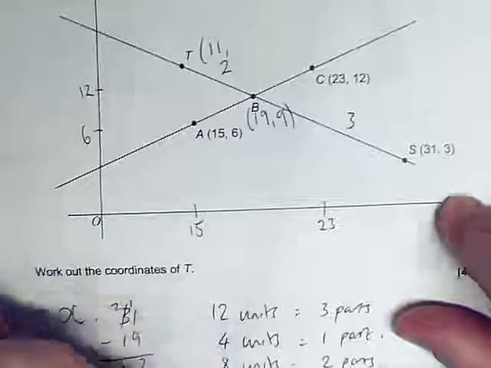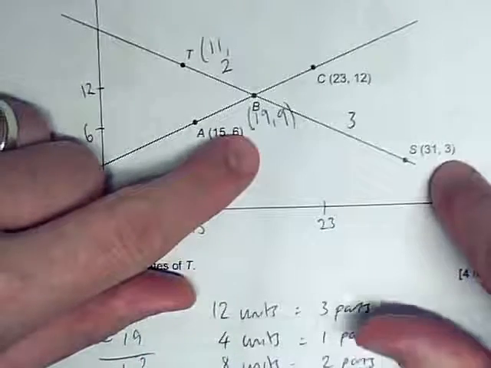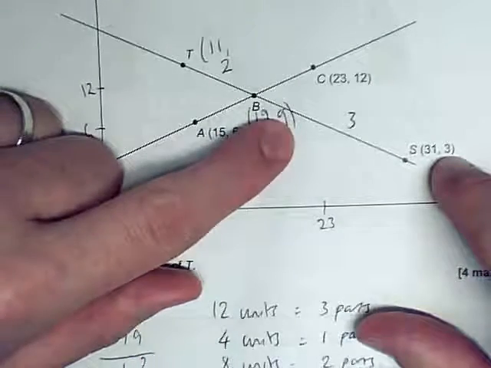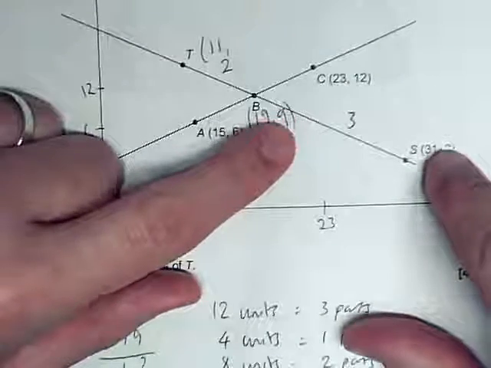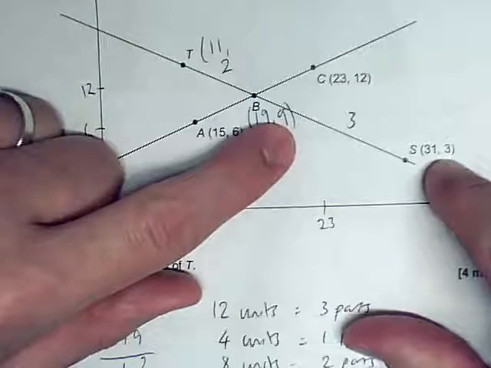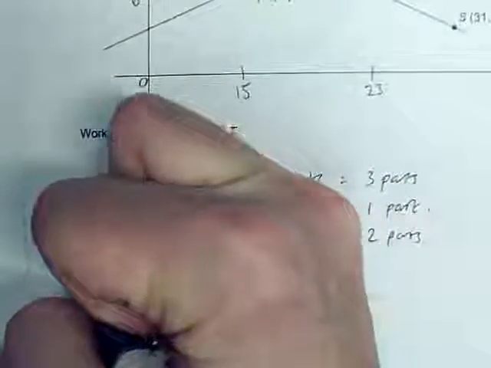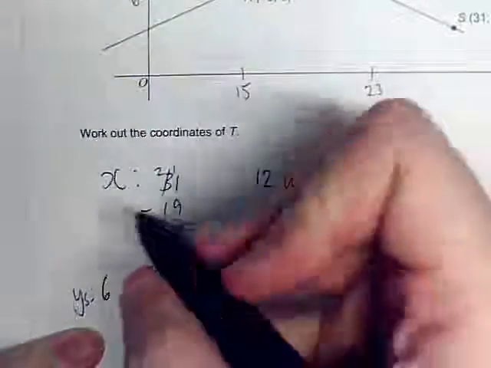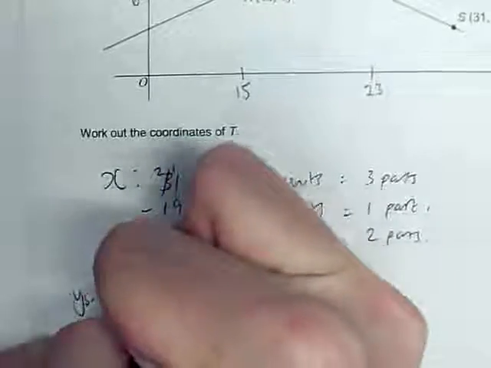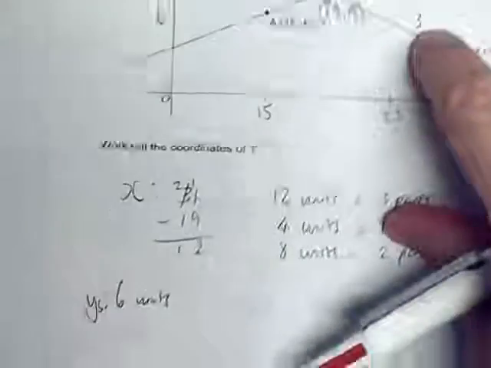If we now do the same thing but for the Y's, we started at 3, we've gone up to 9, so the difference is 6. So 6 units, again it's worth 3 parts.